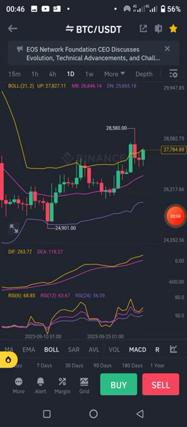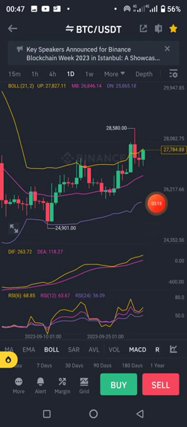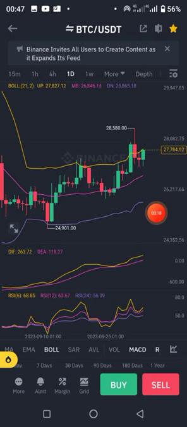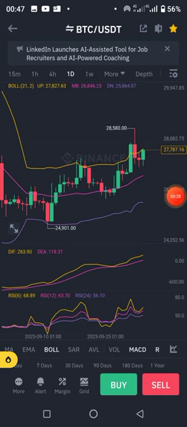Now it has been coming back, it has been rejected, and it's still going back up. So there's high tendency for BTC to still drop back to 26.2, 26.4, and also there's a possibility that it breaks this resistance and move to 30.